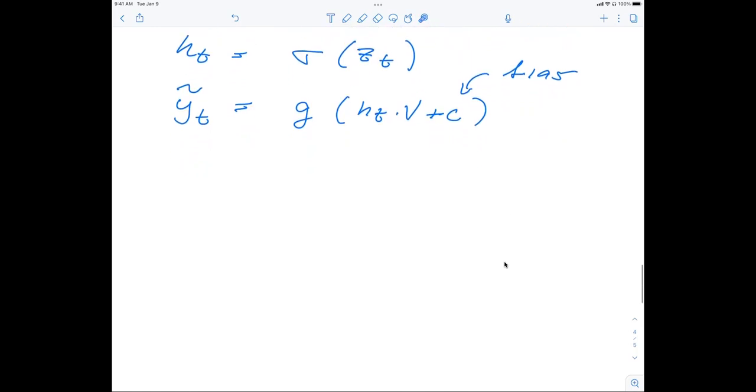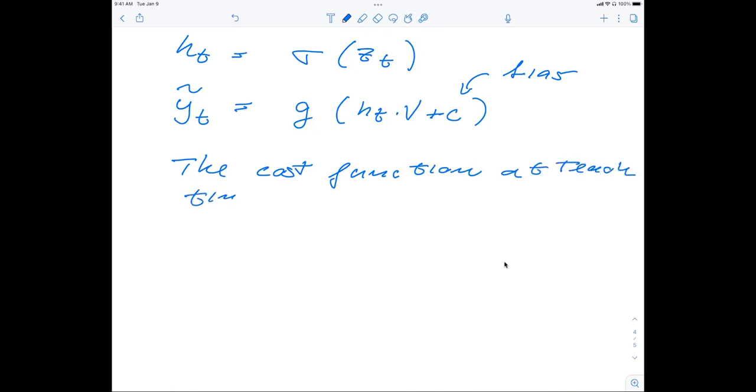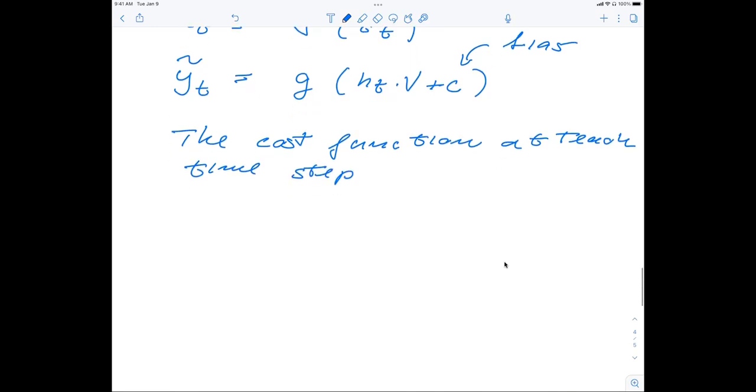So the final cost function takes as input, if you look at that one, the cost function at each time step, which is given by this function C of t.